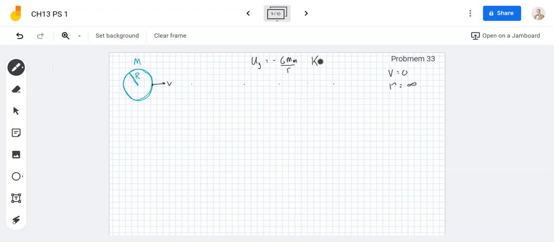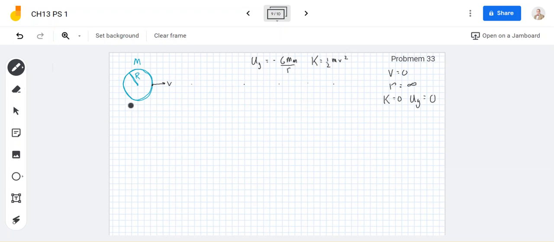We know that kinetic energy is always equal to 1/2 mv squared. And so if we look at these two values out here, we can see that the kinetic energy is going to be equal to 0, and the gravitational potential energy is also equal to 0, because if you're dividing by infinity, the whole fraction goes to 0.